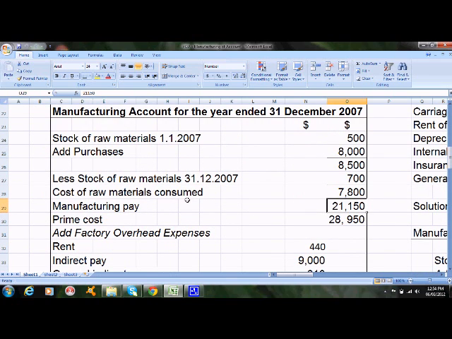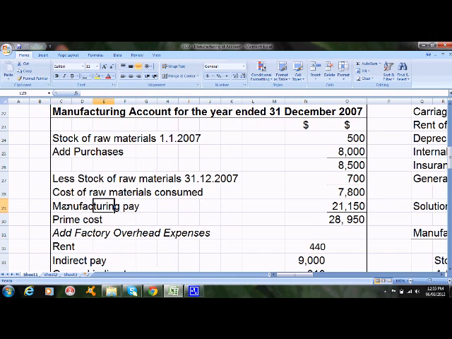Then what you would do now, you would add this to this. As we said before in the video presentation, when you add all direct costs, so direct materials, direct labor, and direct expenses, you get prime cost. Raw materials are direct materials, friends.